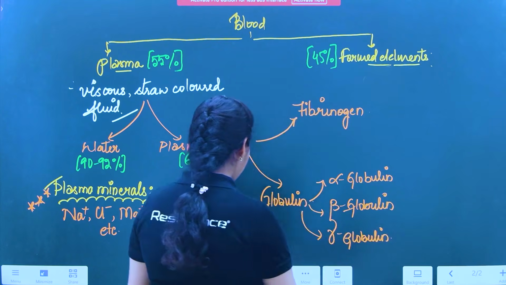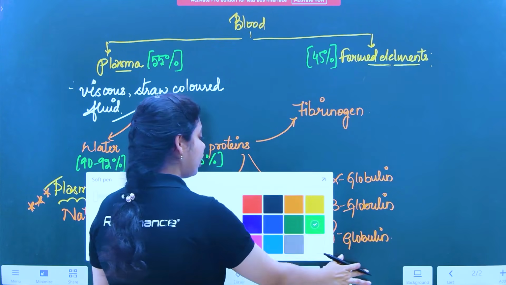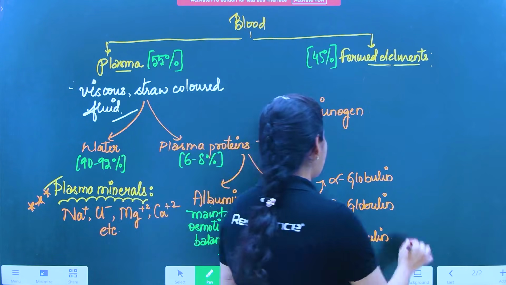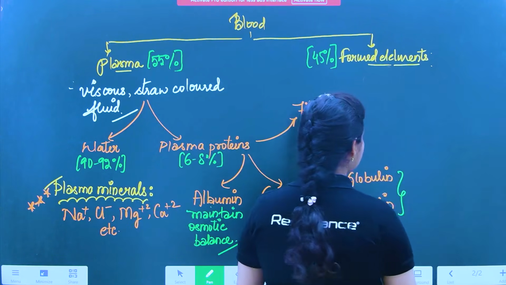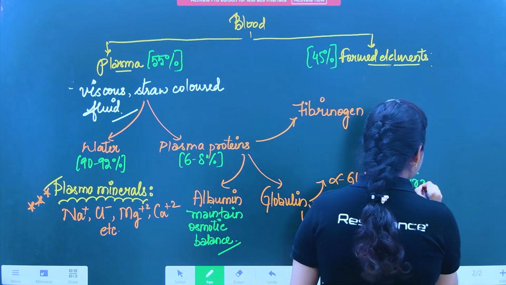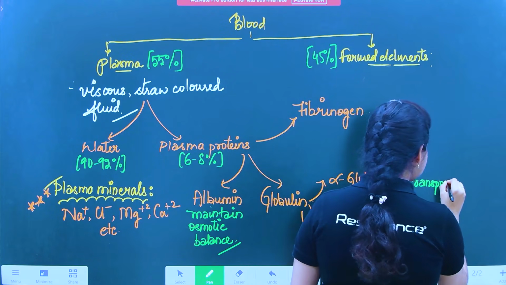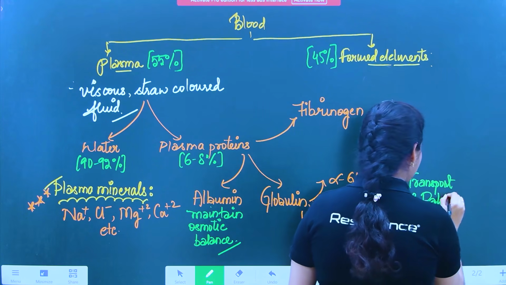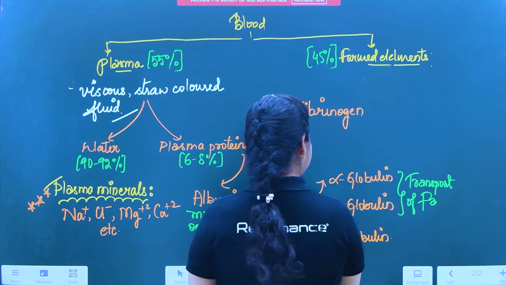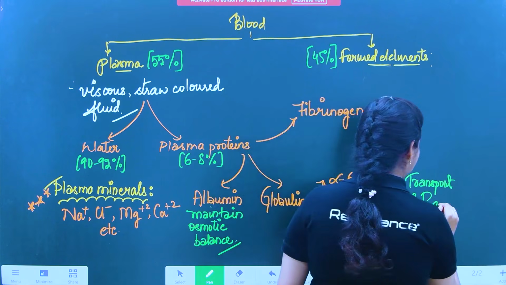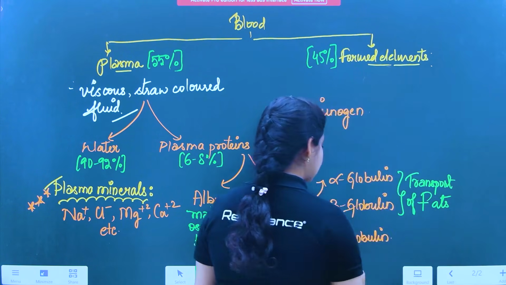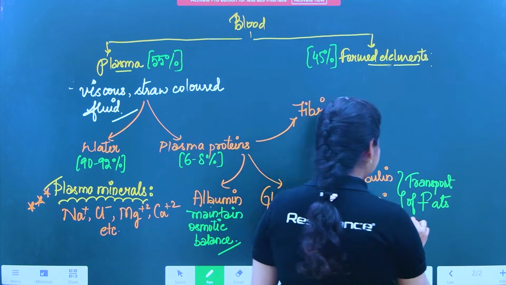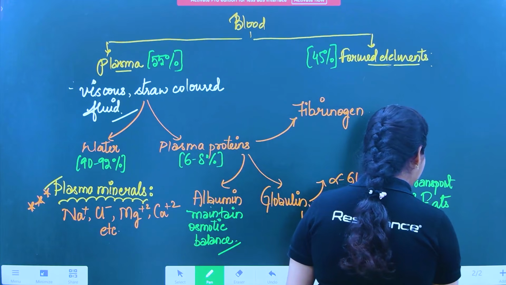And gamma globulin. Out of these three types of globulin, alpha and beta globulin are responsible for transport of fats, whereas gamma globulin is nothing but, have you ever heard the term antibody?